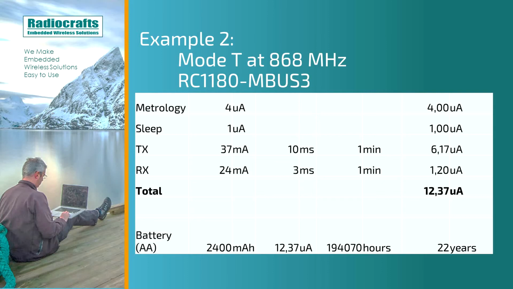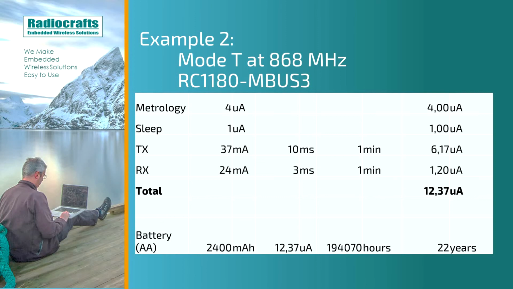Transmission is using much less power now because we are limited due to the radio regulations. So the transmit current is 37 milliamps, and a typical transmission using mode T is 10 milliseconds. And let's say we are doing a transmission every 1 minute. This gives us a contribution of 6.17 microamps.